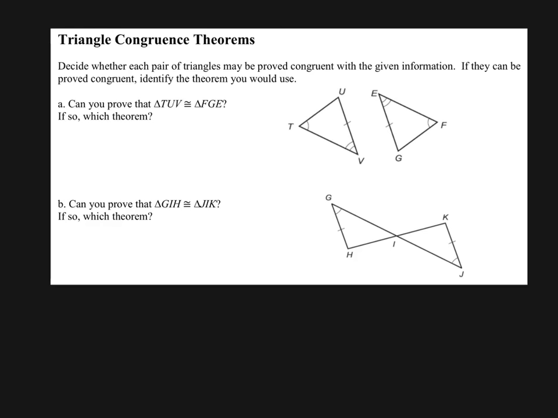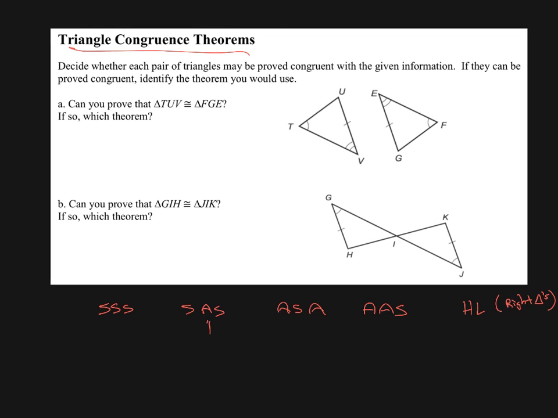This next section, we're talking about triangle congruence theorems. So keep in mind we have side-side-side, side-angle-side, angle-side-angle, angle-angle-side, and hypotenuse-leg for right triangles only. And keep in mind that the order of these letters matters.